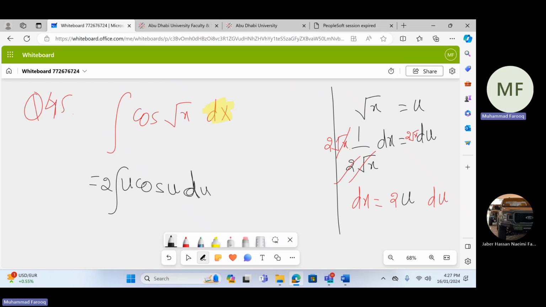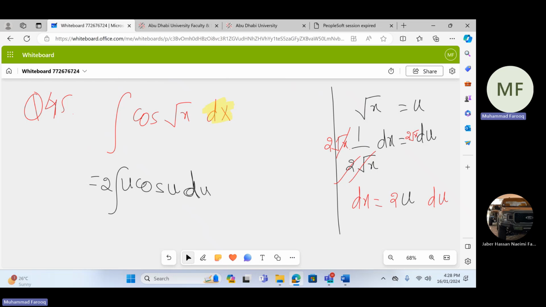So now you can do by parts; it's much easier. But why is it more difficult if we took 1? If you take 1, when you take the derivative of root x, the 1/2 root x comes down and it becomes very complicated if you don't substitute.